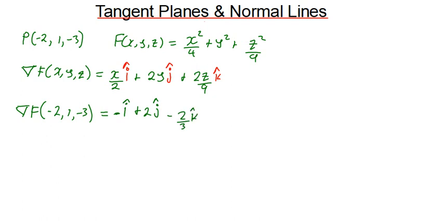Now keep in mind that we talked about how we arrange the tangent plane equation. We're going to start with the x part. So for the tangent plane equation, here's how it's going to be.